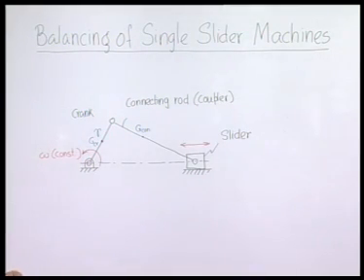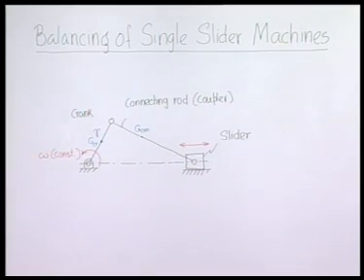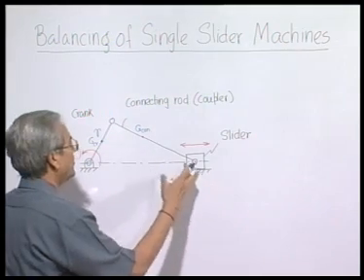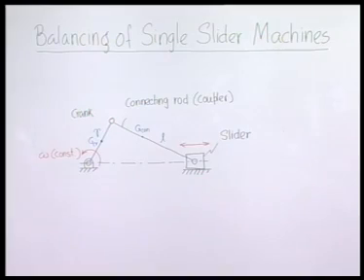It really is not important, because for a translating body the location of the center of mass is of no consequence. The length of the connecting rod may be L.